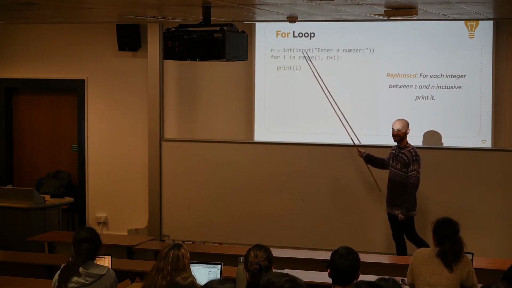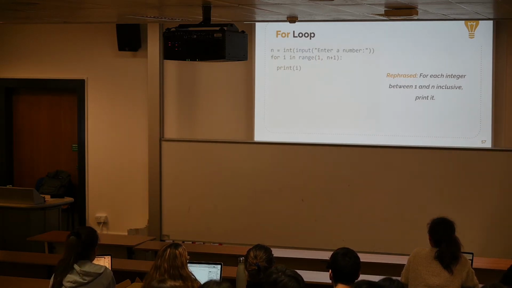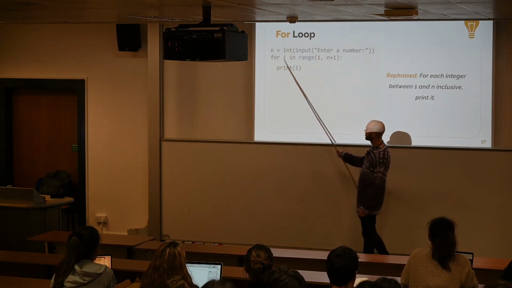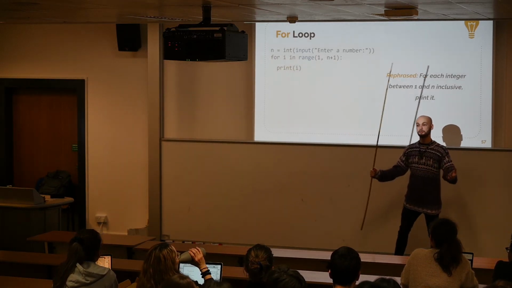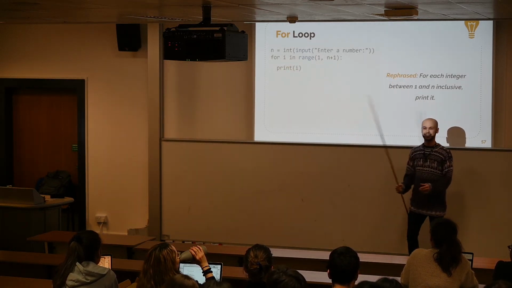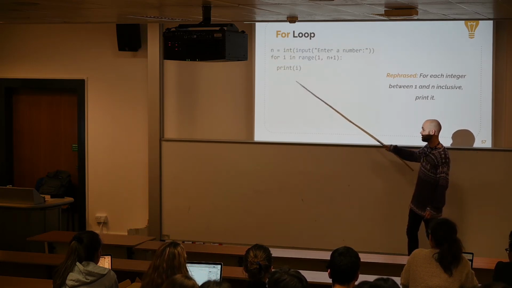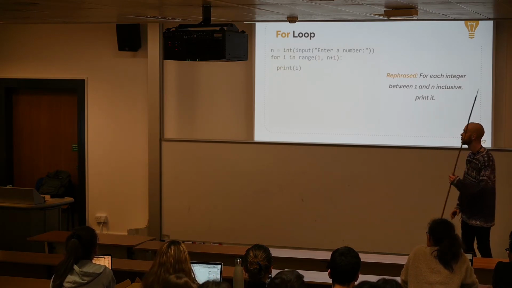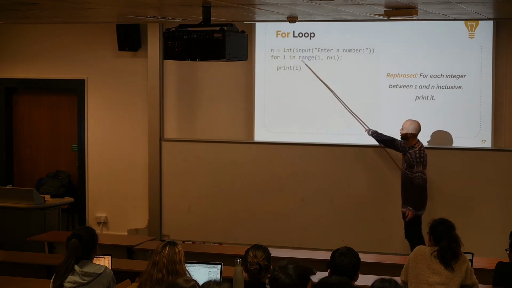What I want you to think of this like is just like another variable in your program, because that's sort of what it is. This is like saying we've got a new variable which we're going to call I, and it's a variable that only exists for the execution of these indented lines. It's like a temporary variable, kind of. And the value we're going to give it comes from whatever we've got here.